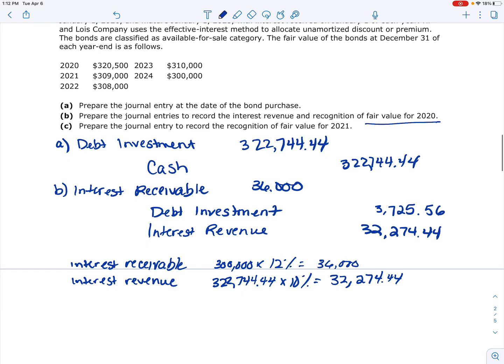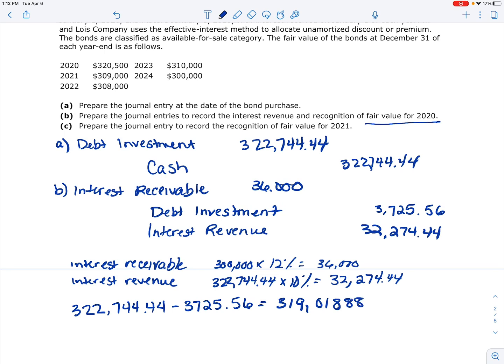But again, we have to adjust for that debt investment. So we have to get our actual value first. 322,744 minus the 3,725.56 is going to equal 319,018.88.